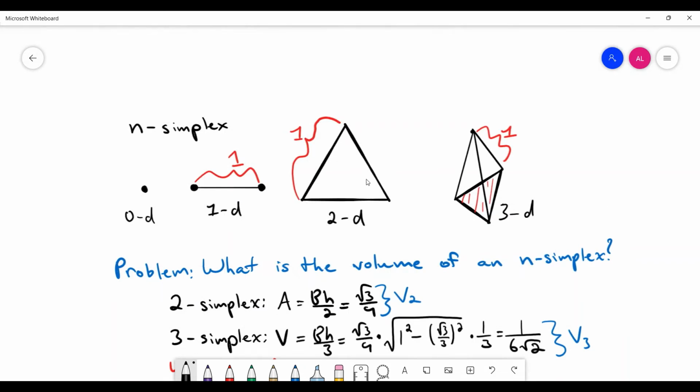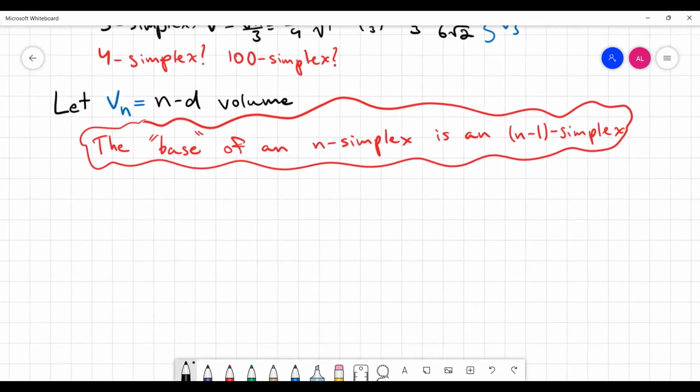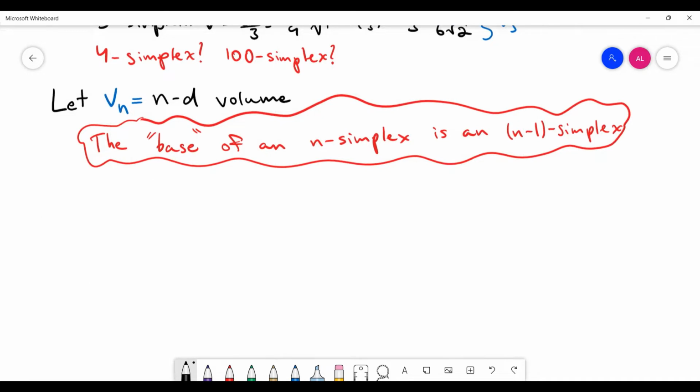So in the case of an equilateral triangle, the base is a line segment with length 1. In the case of a tetrahedron, it's an equilateral triangle, right, with area V2. This is what a simplex is composed of. It's composed of a base and another point. And we notice that this is true for any n-simplex in general.